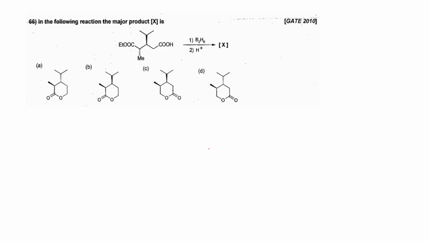Here one ester and one acid group is given. So this B2H6 is selective to acid, it selectively reduces acid.